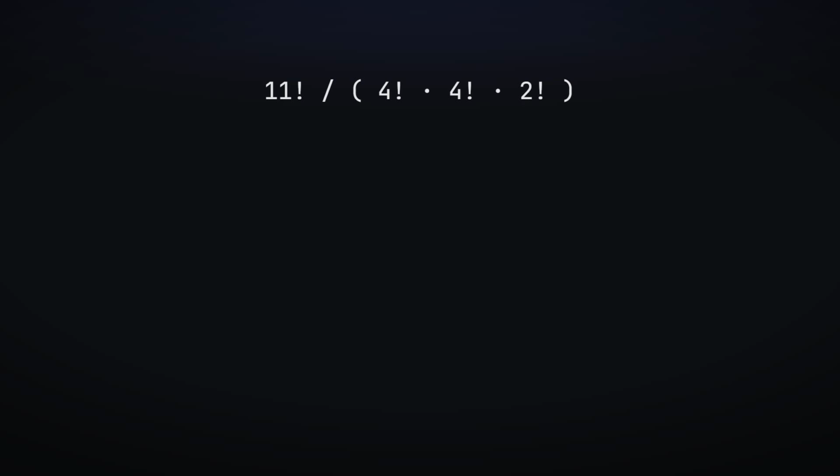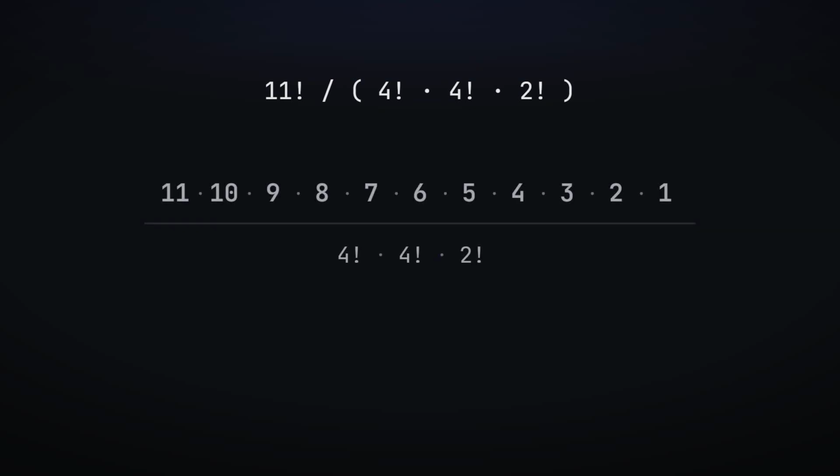So the whole answer is 11 factorial, divided by 24 for the S's, 24 for the I's, and 2 for the P's. I try not to multiply anything until I've canceled everything I can. The numbers stay smaller that way. Write 11 factorial out. One of the 24s is 4 times 3 times 2 times 1, sitting right there at the end, gone.